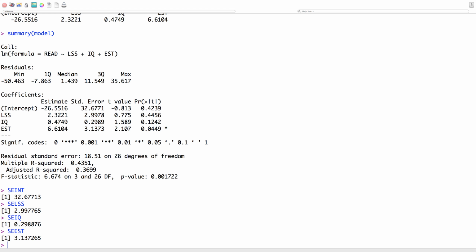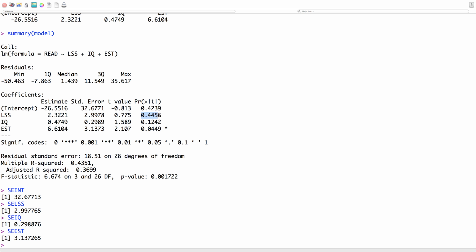Now, if you want to get fancy here and look at an ANOVA table, what I want you to concentrate on is right here. When we did our statistical analysis, we rejected the null, which said at least one beta is statistically significant, not equal to 0.